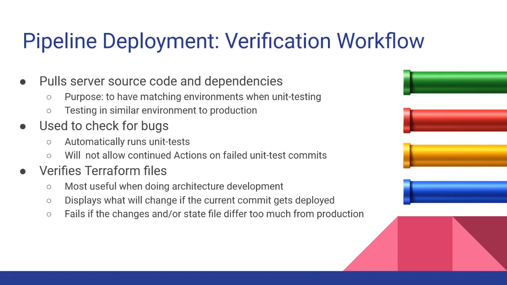This testing environment is very similar to our production environment, though the production environment is in an AWS Lambda, which is always going to be different than the GitHub runner. So one of the big purposes of the verification workflow is to check for bugs. It automatically runs our unit tests. And if the unit tests fail, it won't allow continued actions, so we won't allow a deployment if our unit tests fail.